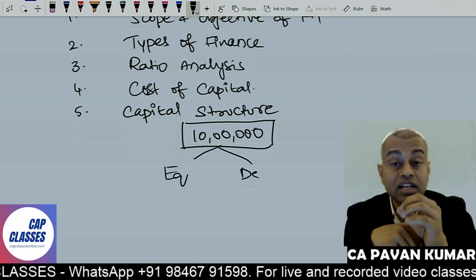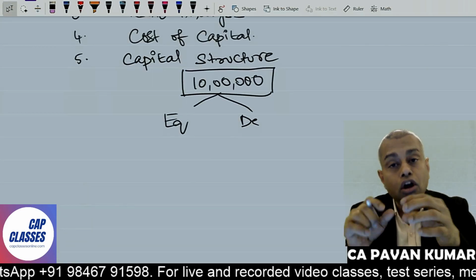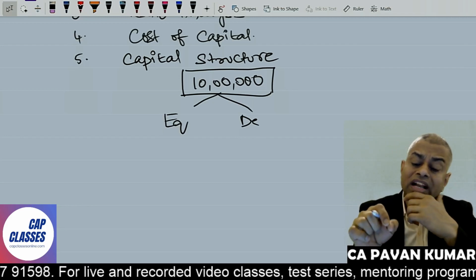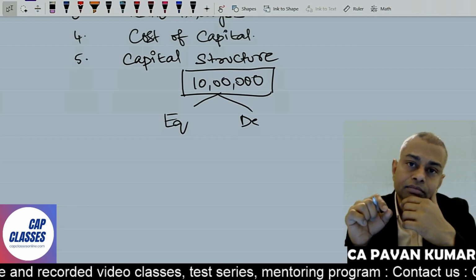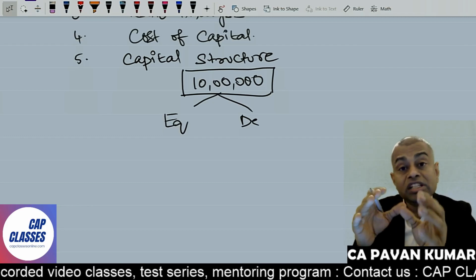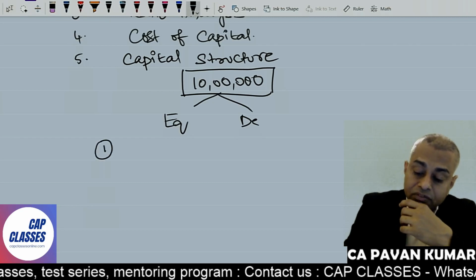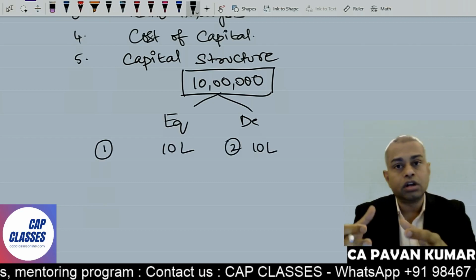Now the question is, what will be the impact of this financing on the EPS of the company, on the market price of the share? So how much equity should I use? How much debt should I use? Say for example, I have option 1, 10 lakhs of equity. I have option 2, 10 lakhs of debt, which is good.